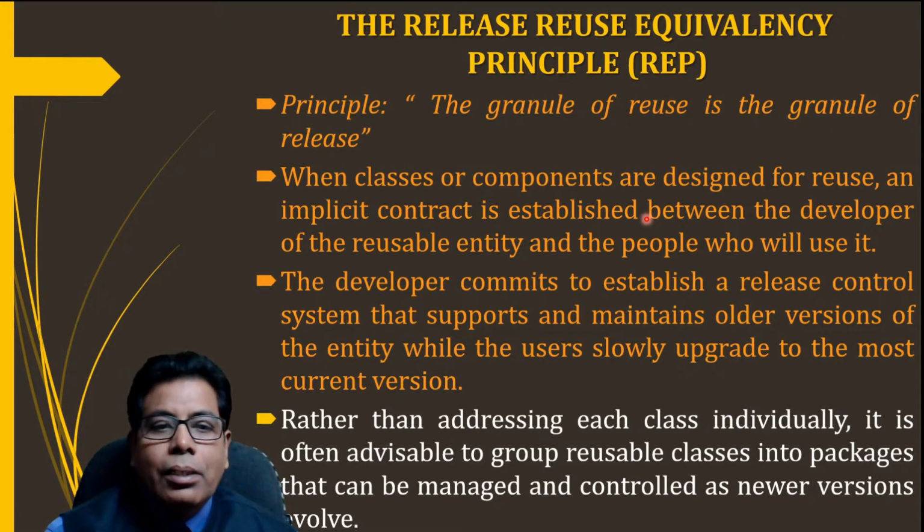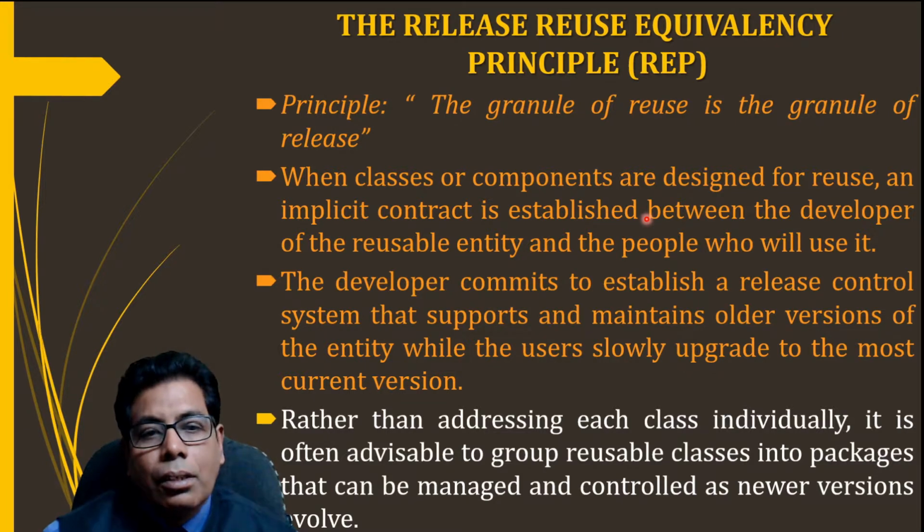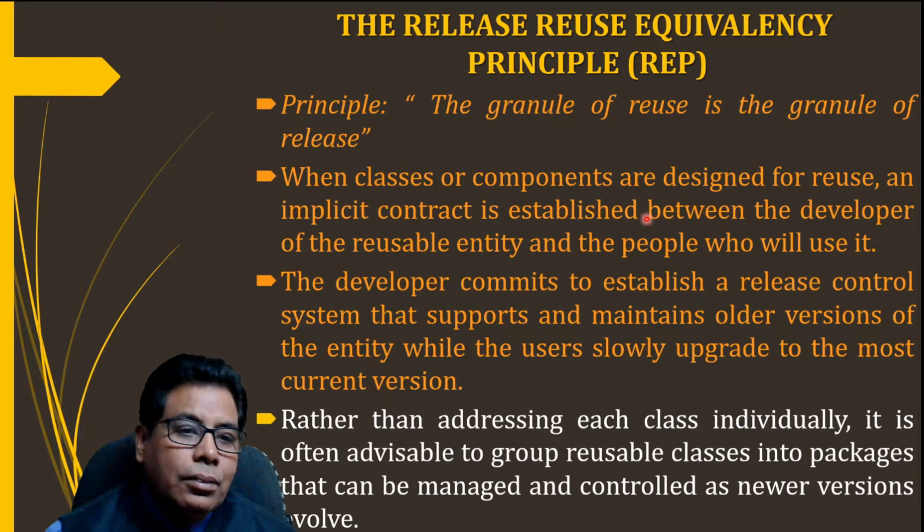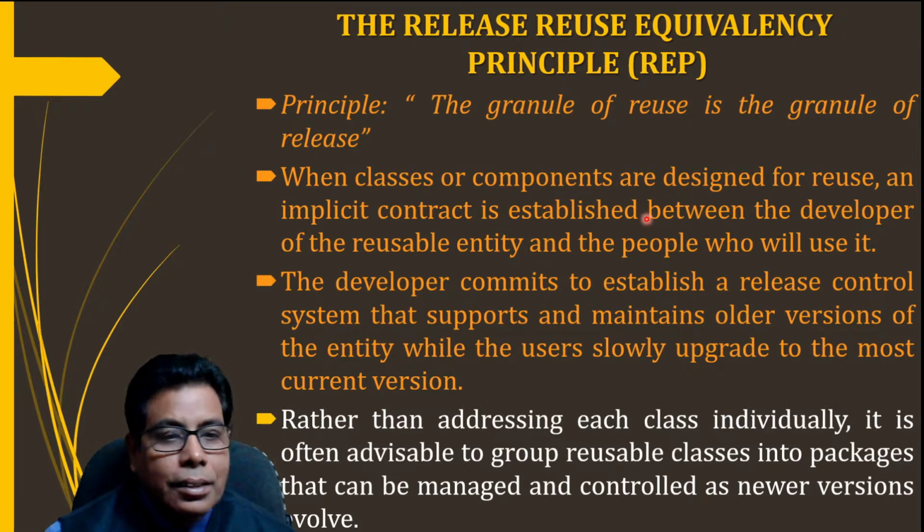You might have seen different versions of Windows, starting from Windows 95, then Windows 98, then Windows XP, then Windows 7, 8, and now 10. But it maintains compatibility with the older versions. That is possible because of this principle.